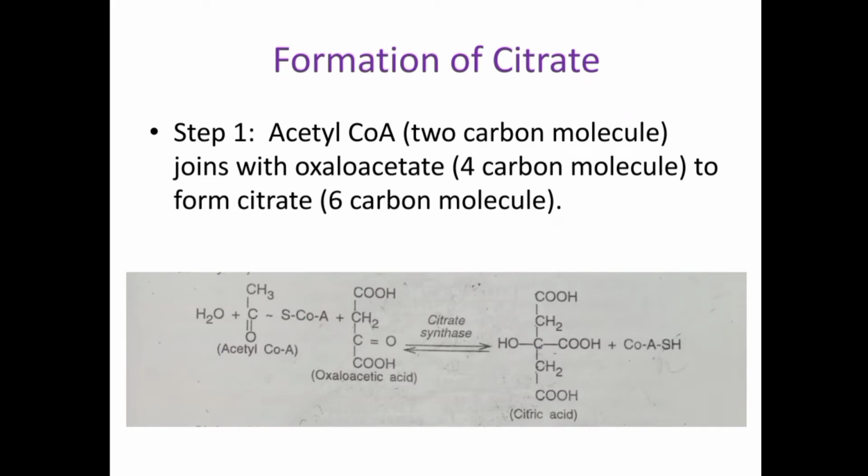Coming to the whole cycle, step 1, formation of citrate.